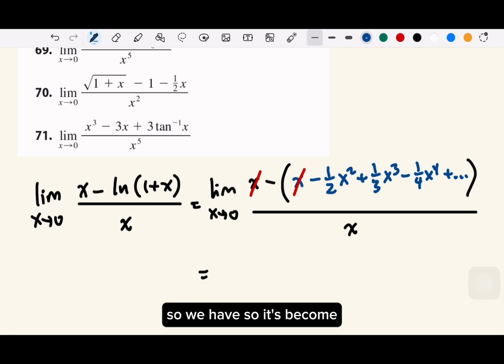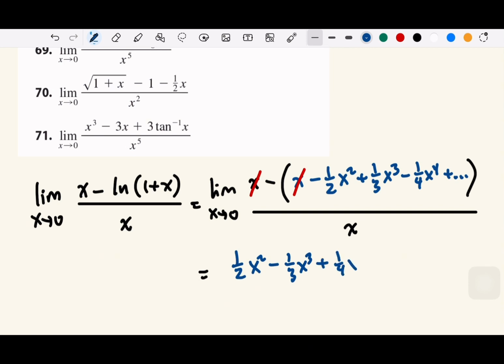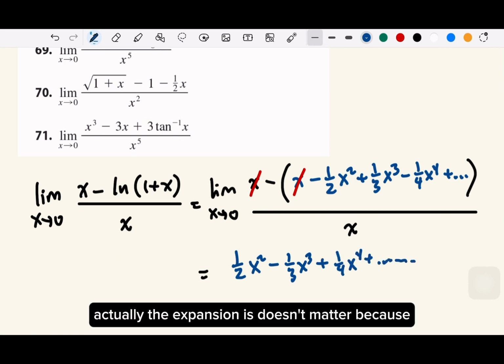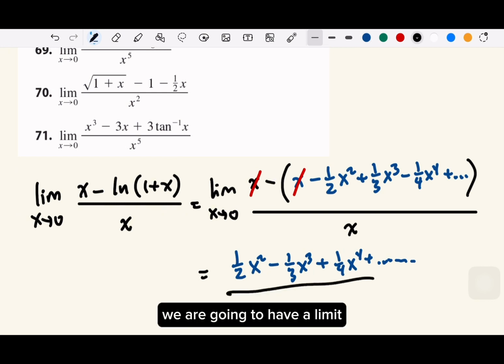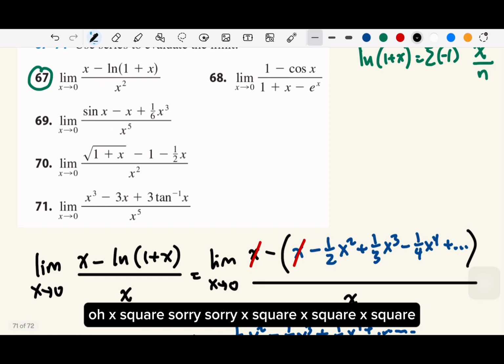So it becomes positive like that, and change all the signs. Actually, the expansion doesn't matter because we are going to have a limit. Oh, I forgot to write the limit. Oh, x squared, sorry, x squared.